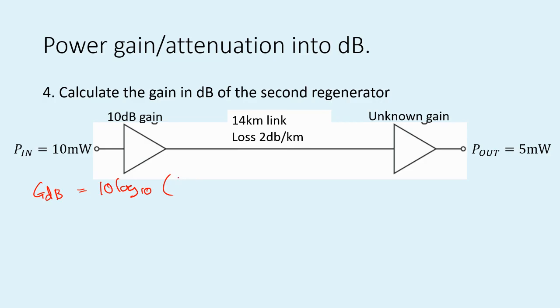Sorry, output over input. So 5 over 10, both in milliwatts. Milliwatts will of course cancel in this case. So that is minus 3.01 decibels.